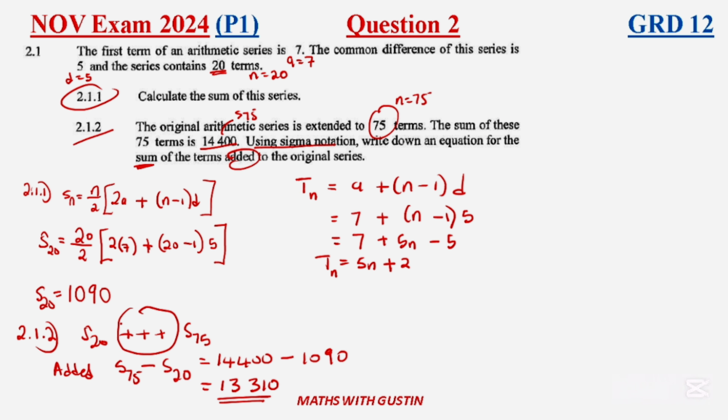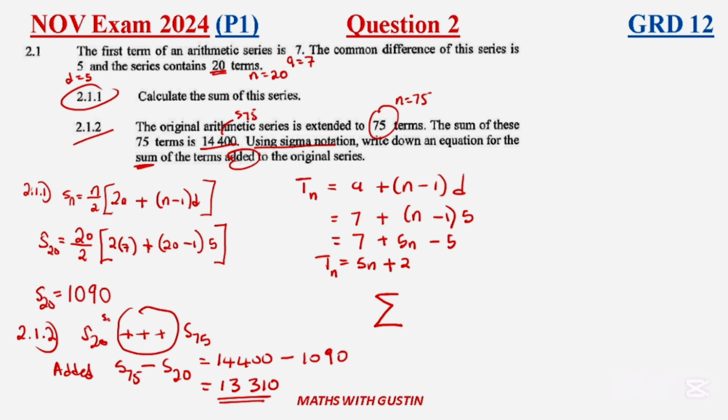All right, so now we can express this in terms of sigma notation, because we already have Tn. If we were to write this in sigma notation, where do we want to start? Remember, we are looking for what is in between these two sums. Sn here was 20, so we're looking for the terms from 21.